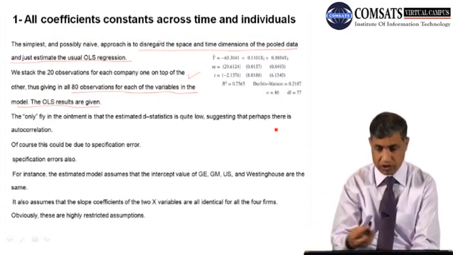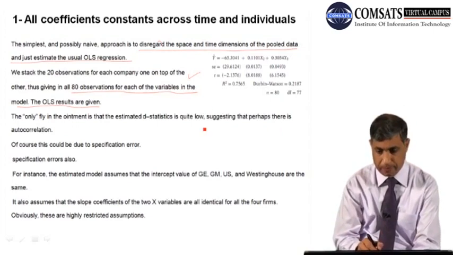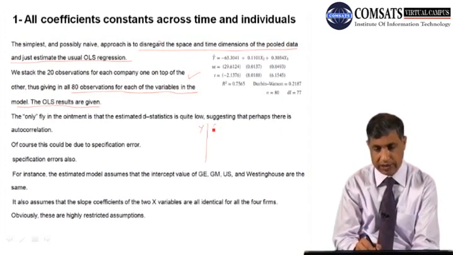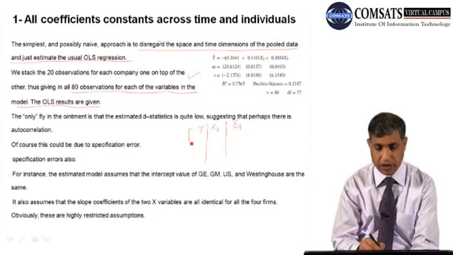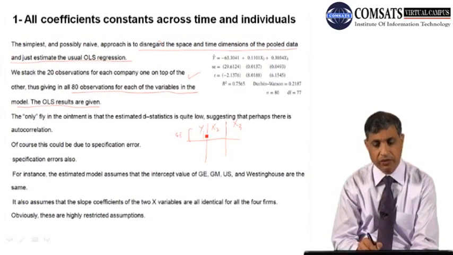This will become Y_it. Now you should understand Y_it, X2 and X3. For example, from here to here, I say that this is for General Electric. So for General Electric there are 20 observations up to here: 20 for Y, 20 for X2 and 20 for X3.